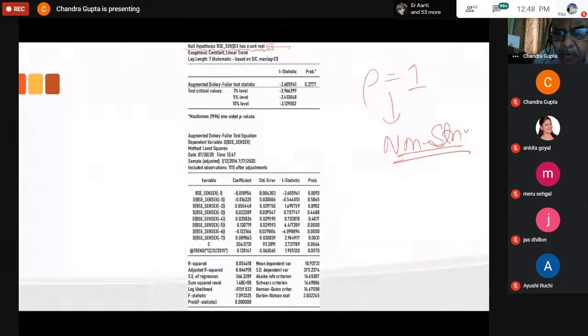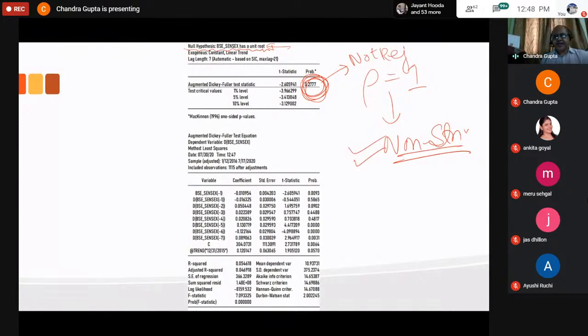And look at the p-value: not rejected. That means the series is a non-stationary series. Is this clear? Any doubt, any query, any question?